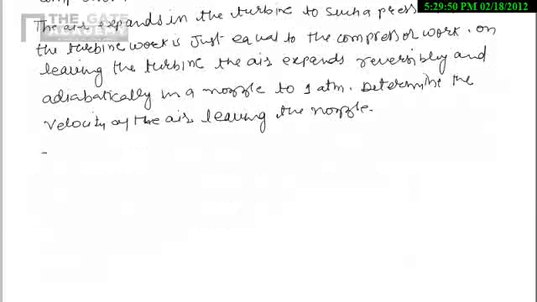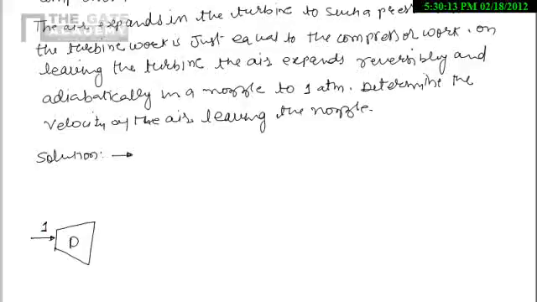Now let's solve the problem. First I will draw the diagram for the jet propulsion plant. In a jet propulsion plant we have a few things. We have the diffuser. I will write here a block diagram. Air will enter here from the diffuser and go to the compressor.